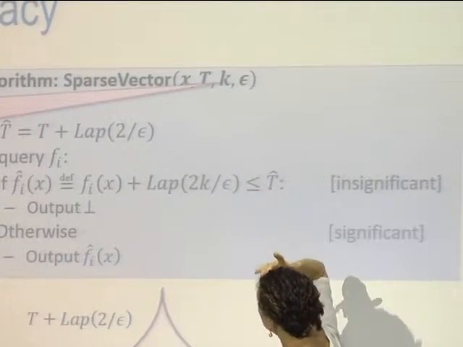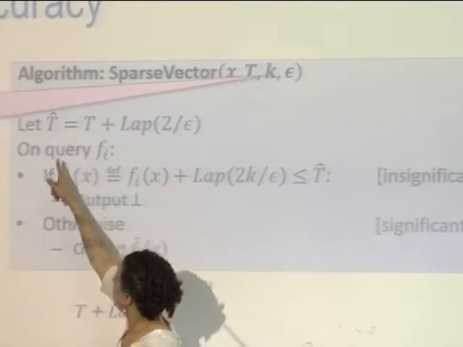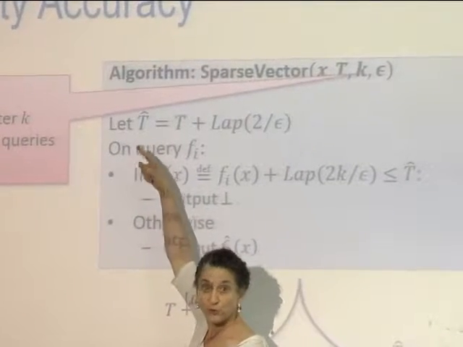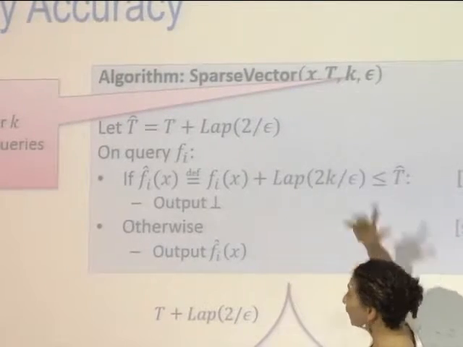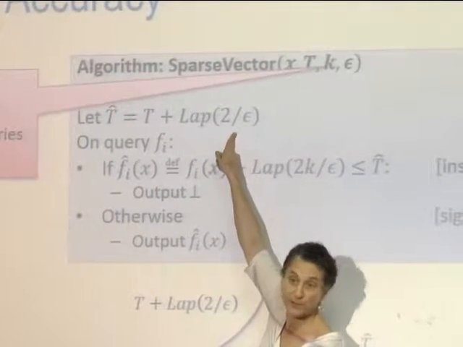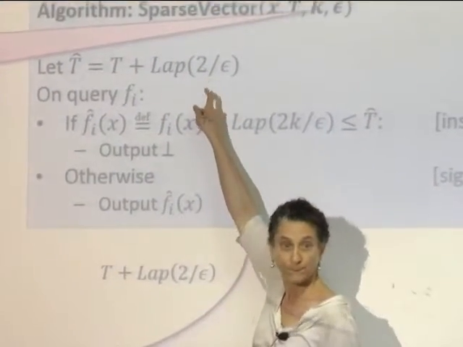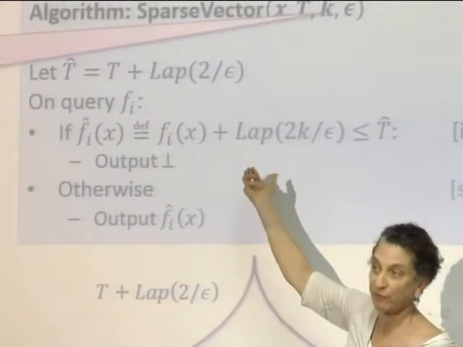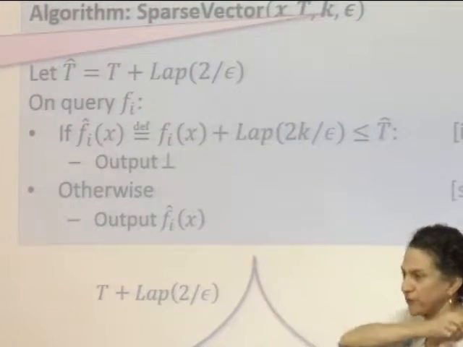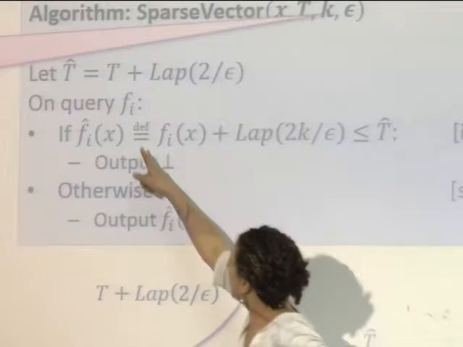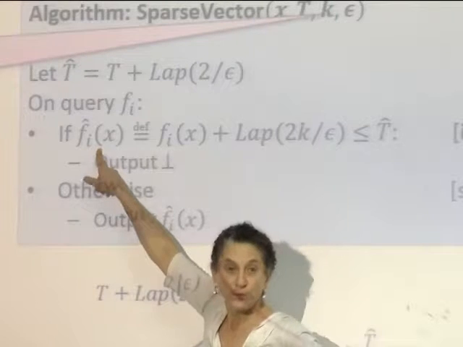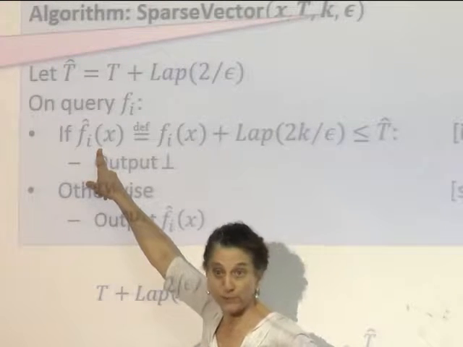And epsilon. So first thing that we do is we perturb the threshold. We choose a t hat, which is close to t, and we're going to blow half of our privacy budget there. Okay? And then we'll use the other half of the privacy budget for the rest of the algorithm. So on query fi, we compute a noisy version of the answer.